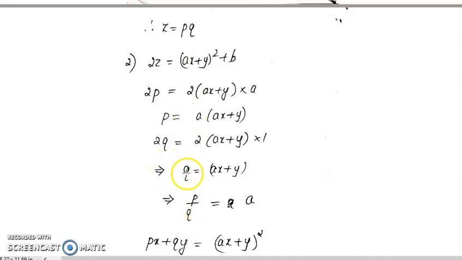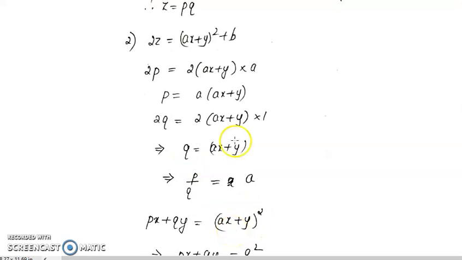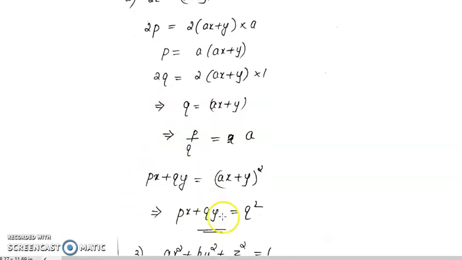When you take p by q, it is equal to a. Now consider px plus qy. So px plus qy is equal to (ax plus y) whole square, and you can replace ax plus y by q. So you will get px plus qy equal to q square.